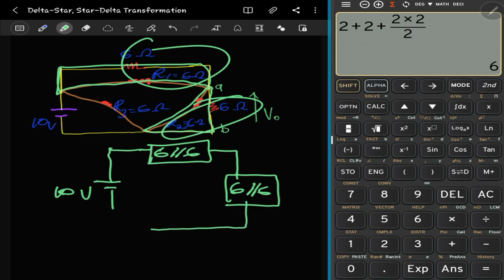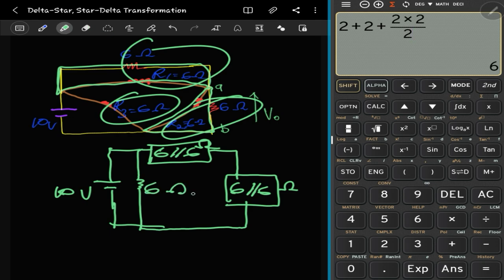And then 6, and you can see that this 6 here is parallel with the voltage, so it should be something like this, where you get this and then a 6 ohms here. So this is ohms as well, and this is ohms. Okay, so this is the circuit simplified, and we could see the resistors very clearly.